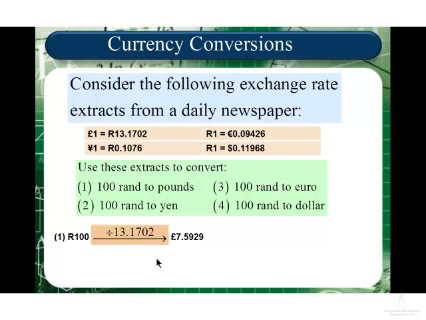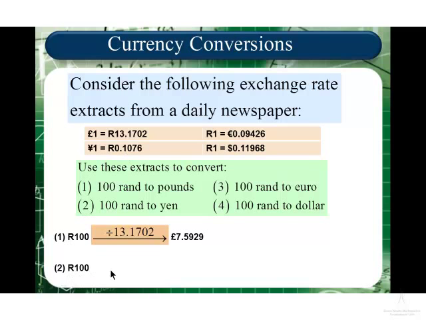In the second instance, 100 rand must be exchanged to yen. So in this case again, I have 1 yen in terms of rand, so I have to divide by this ratio in order to express rands in terms of yen.